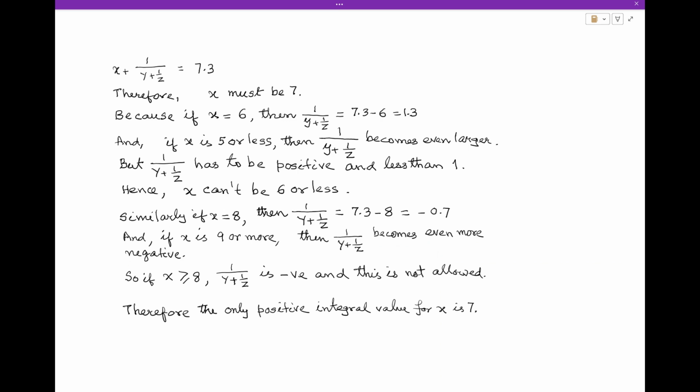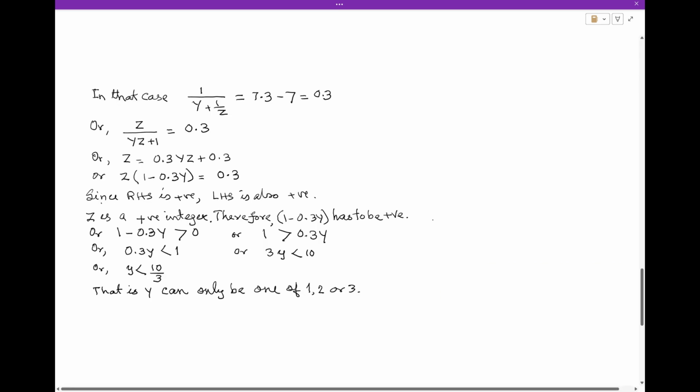So, x cannot be 8 or greater than 8, because then 1 divided by y plus 1 by g is negative and this is not allowed. So the only positive integral value for x is 7. In that case, 1 divided by y plus 1 by g is equal to 7.3 minus 7, that is equal to 0.3. Since 0.3 is positive and less than 1, this value is allowed.